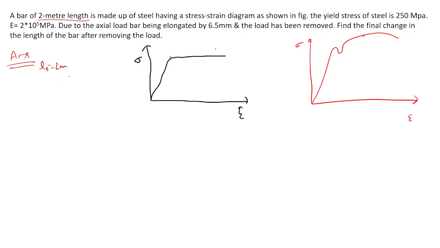So how much deformation remains? That is the problem here. This always follows the path of the Young's modulus line. What does this line signify? This is the E, right? So whatever the stress, it will retract its path parallel to this E line. Keep this in mind and try to solve this problem.